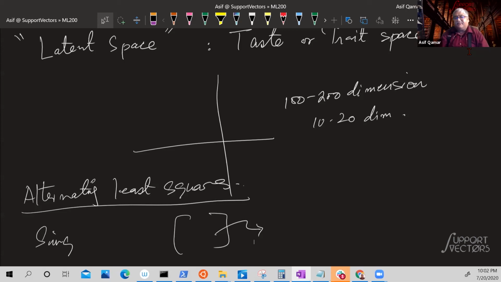And by the way, this is a vast reduction in dimensionality. Imagine that a user vector in the original matrix is 100 million dimensions. But when you represent the user in this taste space, it is a much smaller vector. It's a vector in just maybe 100, 200 dimensions, or if your problem is simpler, 10, 20 dimensions, and so forth.